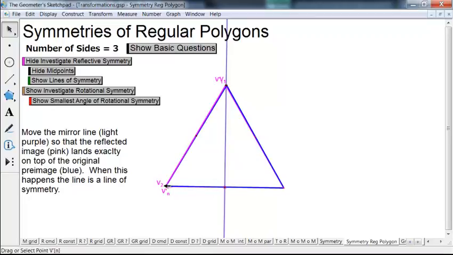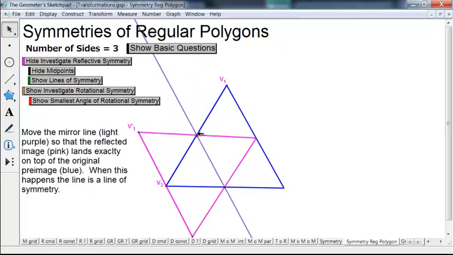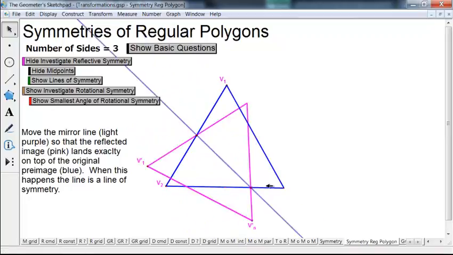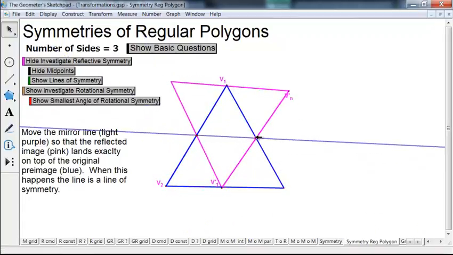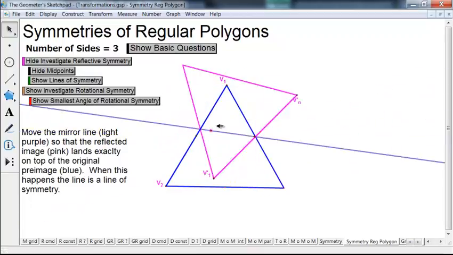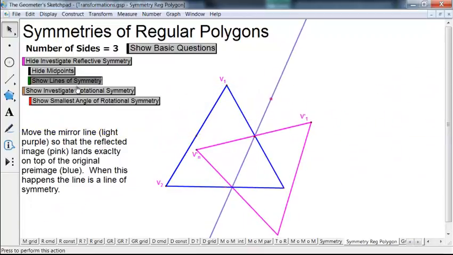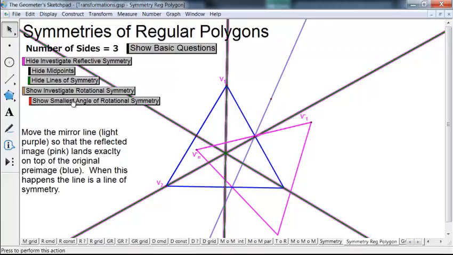So if this is vertex 2 and the original 2' is over here, and if this is vertex 3, then 3' is over here. So there's a line of symmetry. How about another one? Well, because of the way this works, if I can take any vertex to its opposite side, and so in fact all of those lines connecting those up are lines of symmetry.